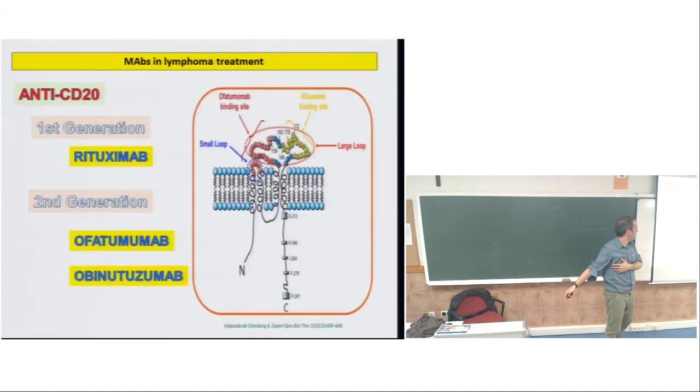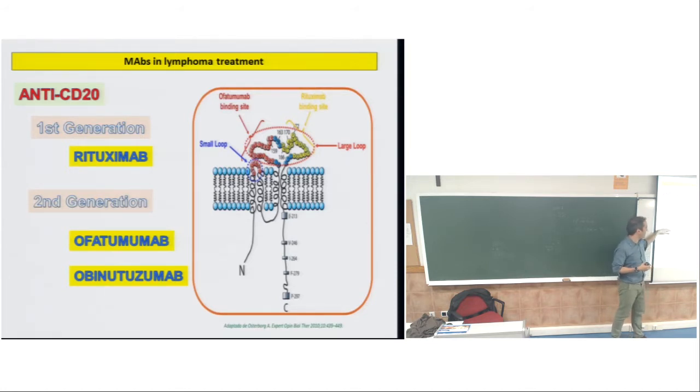Okay. So the main monoclonal antibody, anti-CD20, is rituximab, and it has changed quite a lot the clinical outcome of lymphoma patients, non-Hodgkin lymphoma, especially follicular lymphoma.